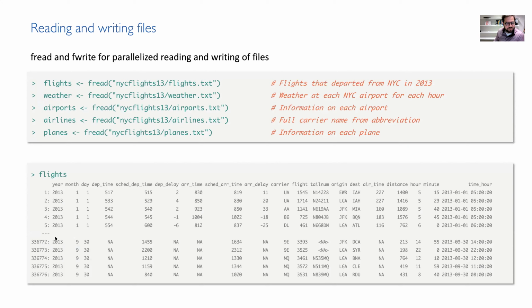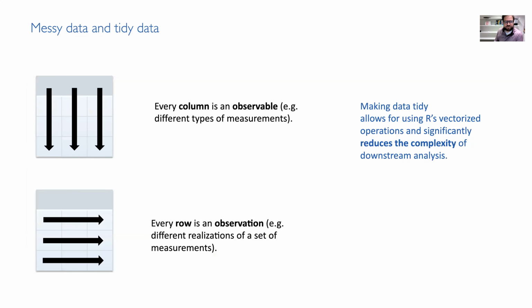Every column is a different observable, for example, a different measurement: a different departure time, a different arrival time, a different flight number, a different time point. And every row is a different observation, so a different flight. So this data table is already in a tidy format, and it's already in a format that we can deal with. So we have nothing to do here.